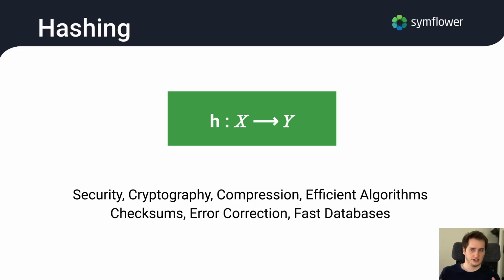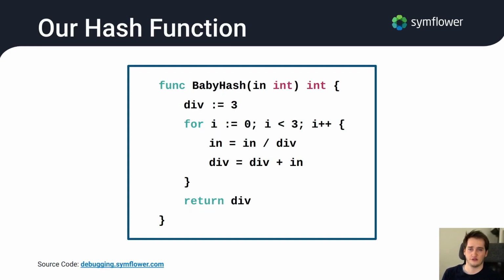For a database, for example, the hash function must be fast. For some security critical context, it must be hard to reverse engineer, and so on. And our hash function will, of course, be neither of those, or it may actually be fast because it's only 3 iterations of a loop.